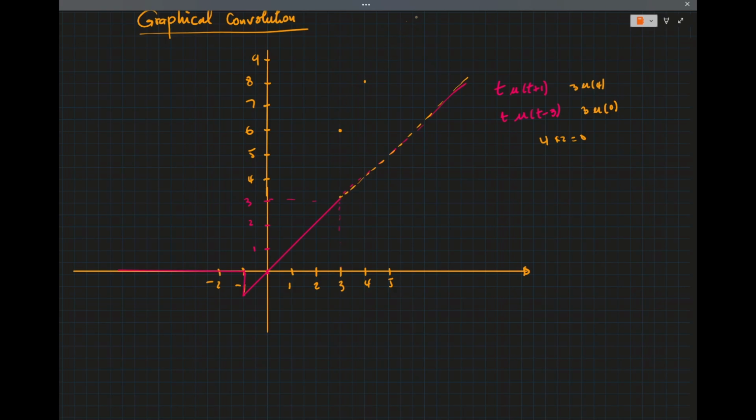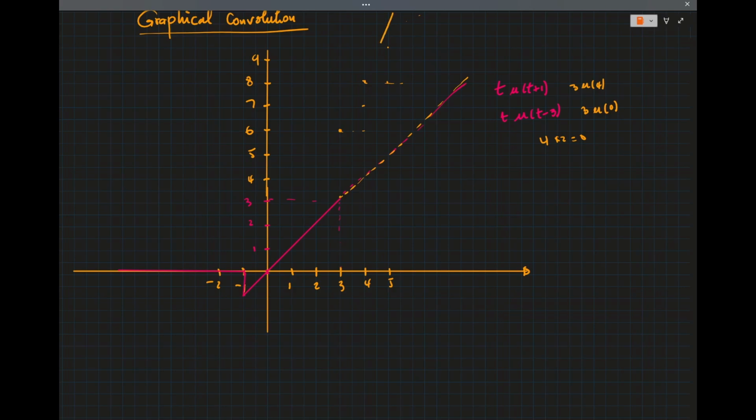So it's going to be a line like this, 9, 10.